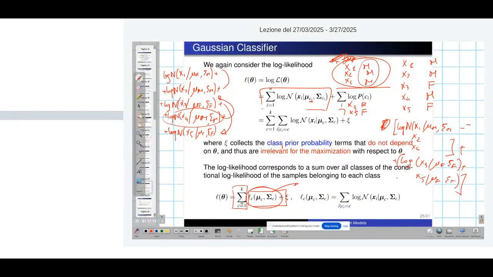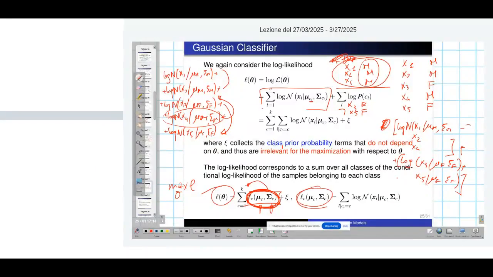Each time I change the index of the sum, I change the parameters that I have inside this function L, which means that the max of L over theta is obtained by independently maximizing each of these terms with respect to mu C and sigma C. So I can independently maximize each term in this summation. The overall sum will be the maximum that I can get for the likelihood.